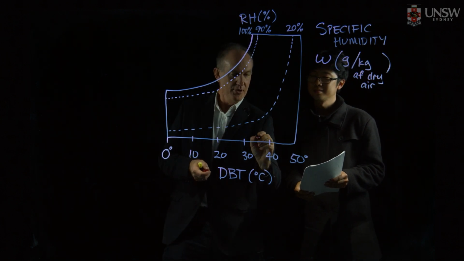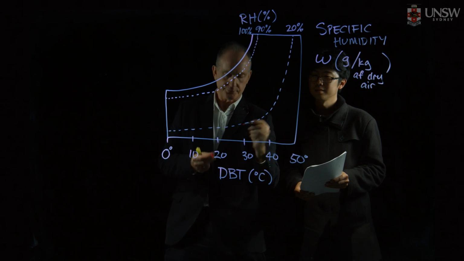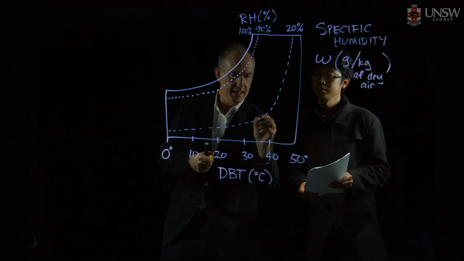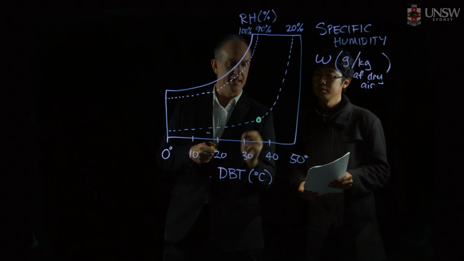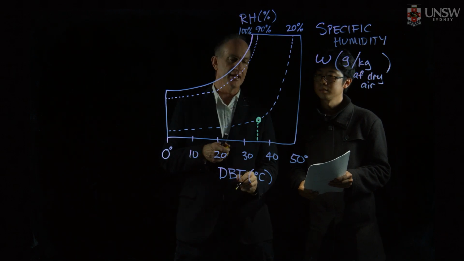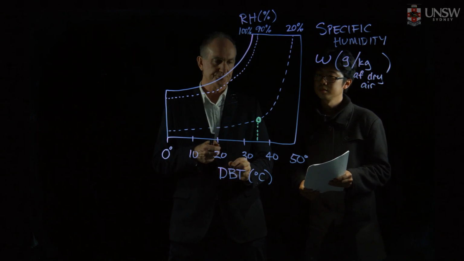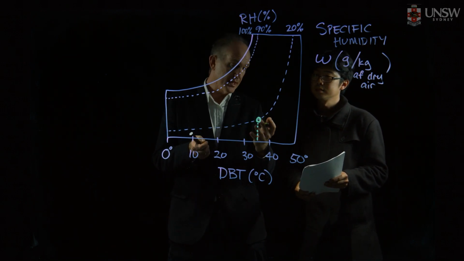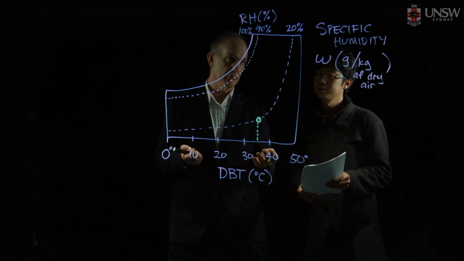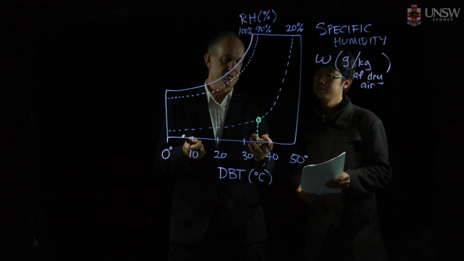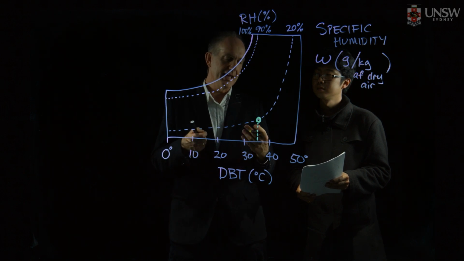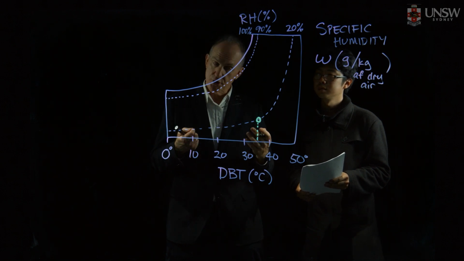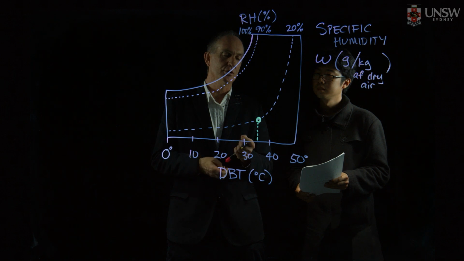Okay, so we're at 35 degrees dry bulb temperature and 20% relative humidity. So that means our starting point, our inlet air, is roughly there. Now, when we pass outside air that's very dry, 20% relative humidity is very dry, through an evaporative cooler, that air will pick up moisture from the evaporative cooler and become more humid, but it will also cool down.